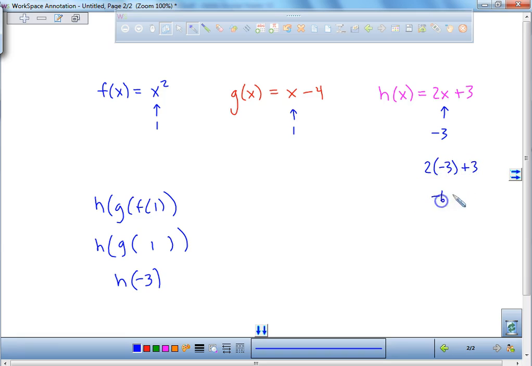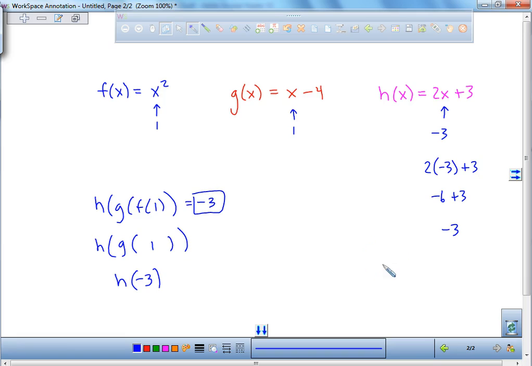So we got negative 6 plus 3, and the answer is negative 3. So what is h of g of f of 1? That's negative 3. What do you always do when you guys are working with this? You guys remember doing this where you plug something in, you work from the inside out. Okay, so that's going to be dealing with this composition of functions.